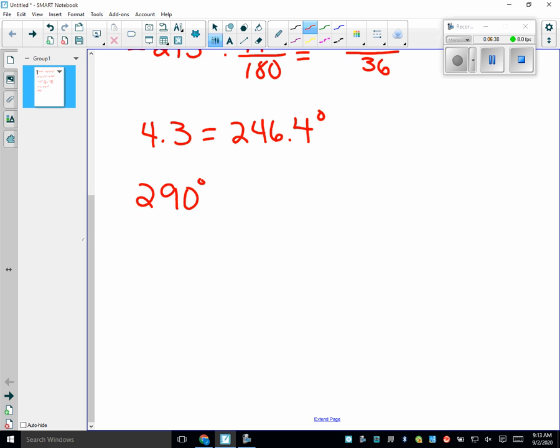What do I add to it? 2 pi. Nope, 360. 360 because it's in degrees. If you add 2 pi, it won't get you where you need to be. 650 degrees. Do you all agree, 650?